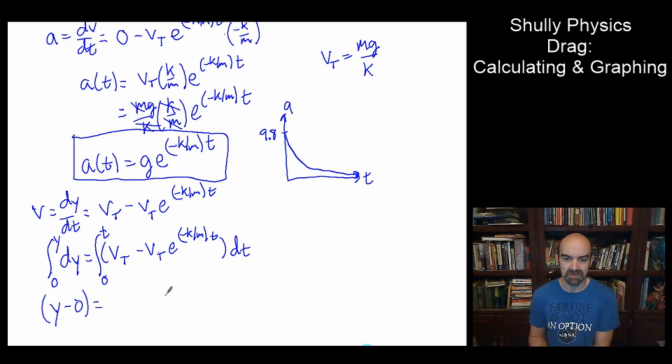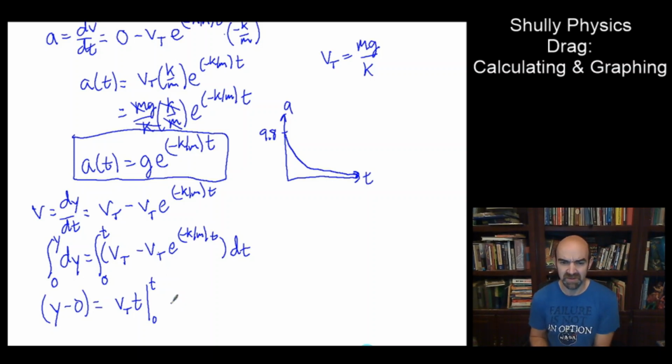And over here, when we integrate v_t, just the power rule for integration, we have a t to the 0 power that becomes v_t times time. I'm going to go ahead and put in the evaluation bounds there, okay?